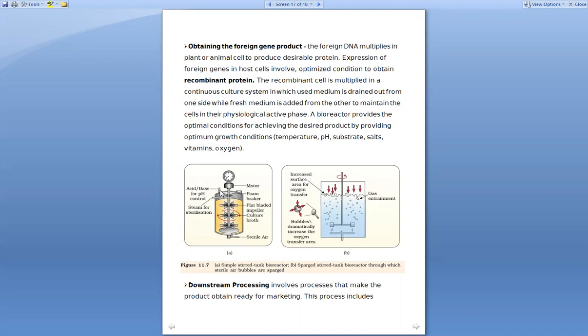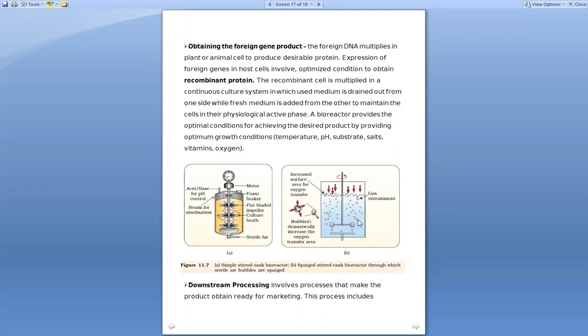This is going to do the acid base balancing for the pH, and this particular pipe is for the steam for sterilization, that is, it is going to make the reactor sterilized, so that no other strain or bacteria should grow, right? So it does not allow other bacteria to grow in the medium.